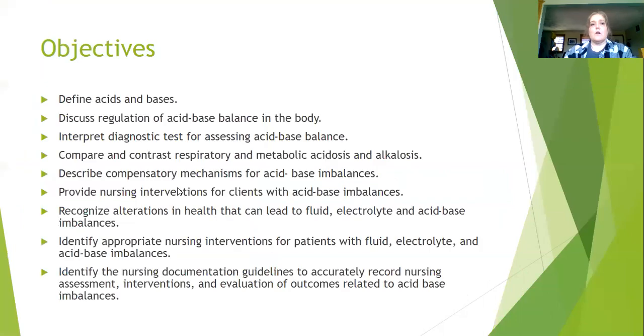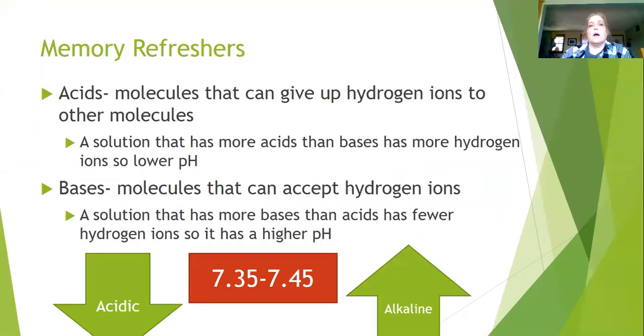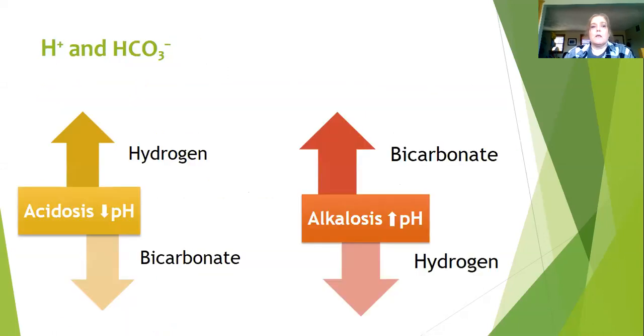Okay, so the acid base, remember that when you have molecules that can give up hydrogen and then you have more hydrogen available, you have a solution that is more acidic. If you have more molecules that can accept hydrogen ions, then your solution ends up having less hydrogen and your solution is more alkaline or basic, all right?